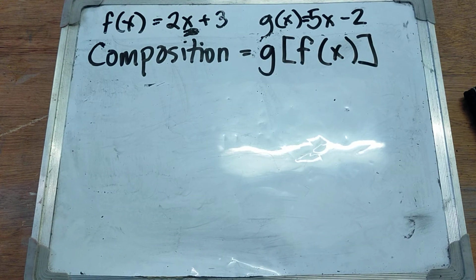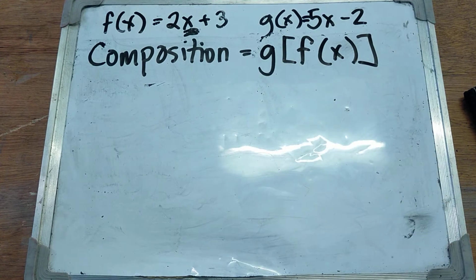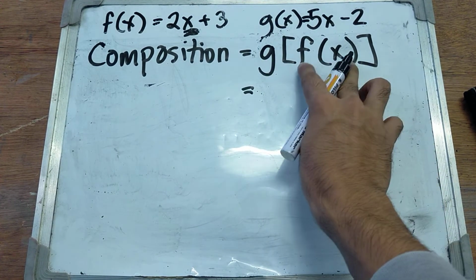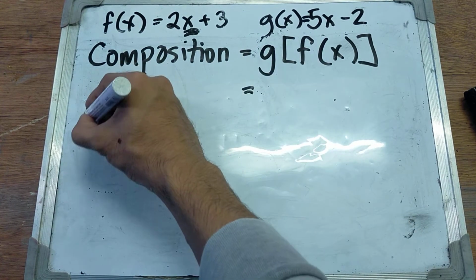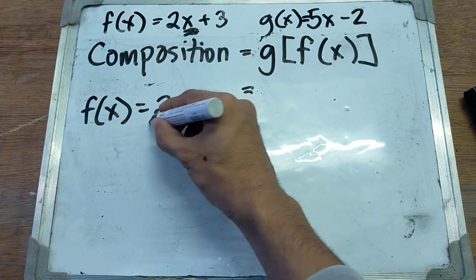Okay, another example of composition is I'm going to reverse their places. Okay, so g of f of x. Okay, so what we are going to do is to find first the f of x. And f of x is equals to 2x plus 3. That's it.